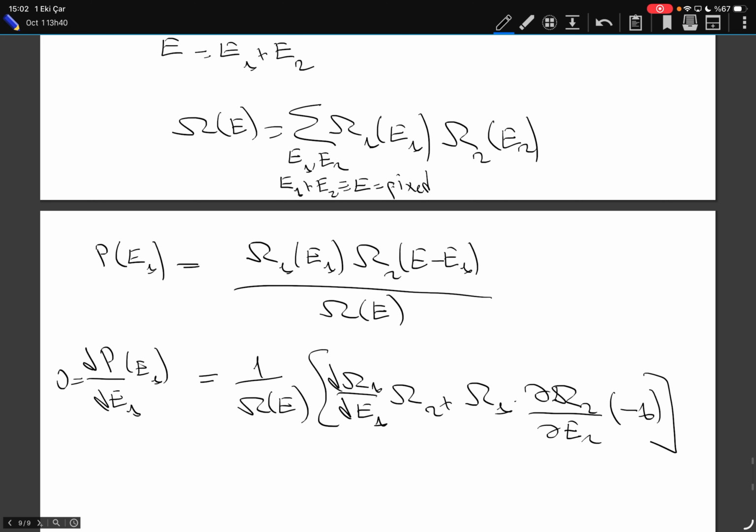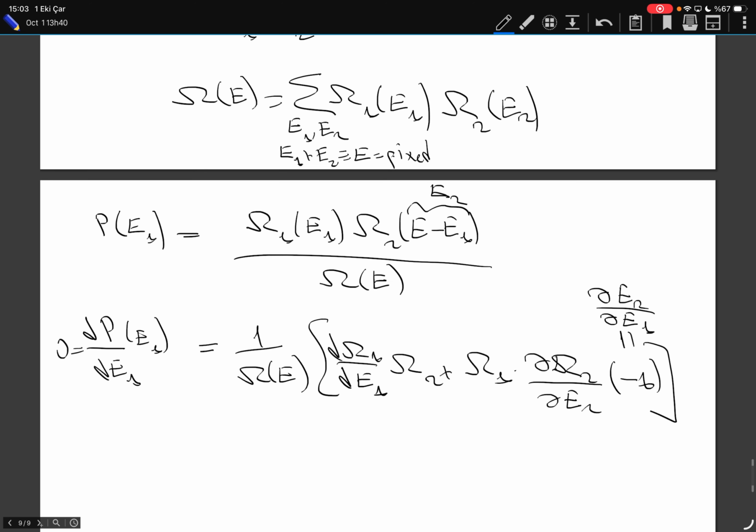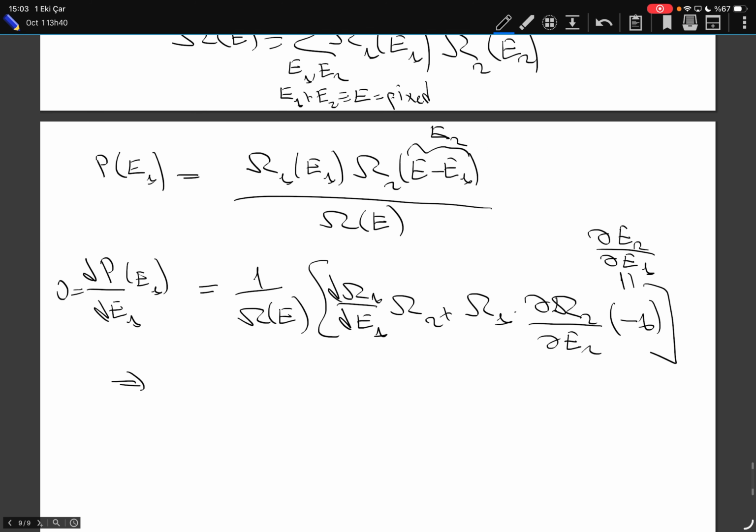Minus 1, this is the derivative of E2 with respect to E1. I'm just using the chain rule. This should be 0. Well, this tells me that the derivative of omega 1 with respect to E1 times omega 2 should be equal to the derivative of omega 2 with respect to E2 multiplied with omega 1.